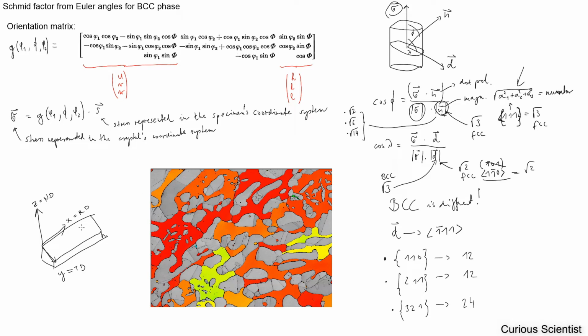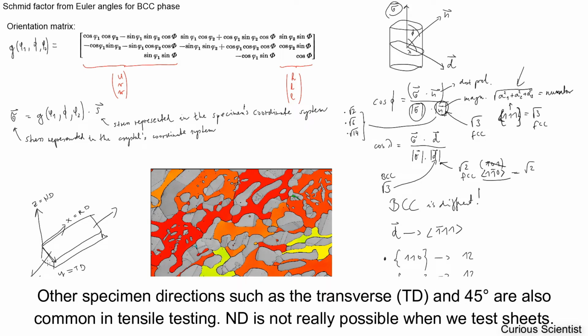And then we define the stress within this coordinate system. Usually we say that if this is a specimen that we subject to tensile testing, we usually pull it in this direction. So we make an elongation along the x-axis.